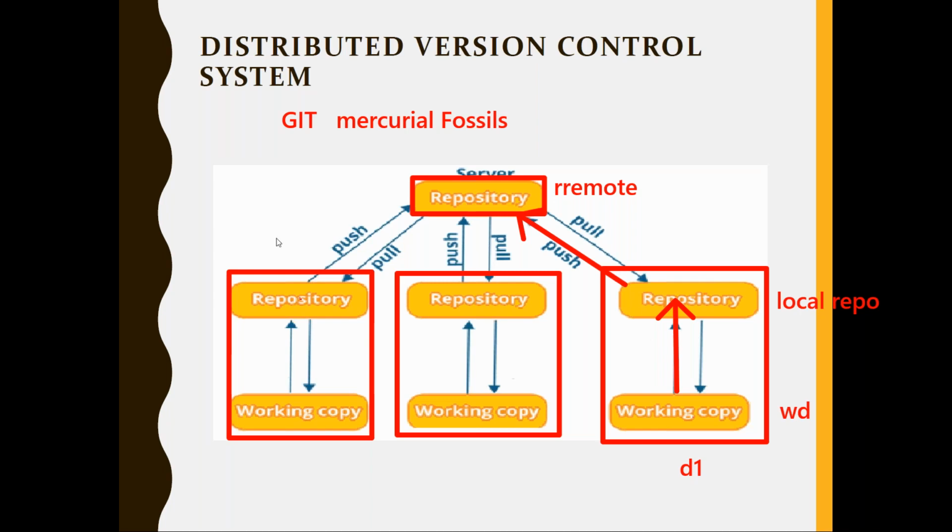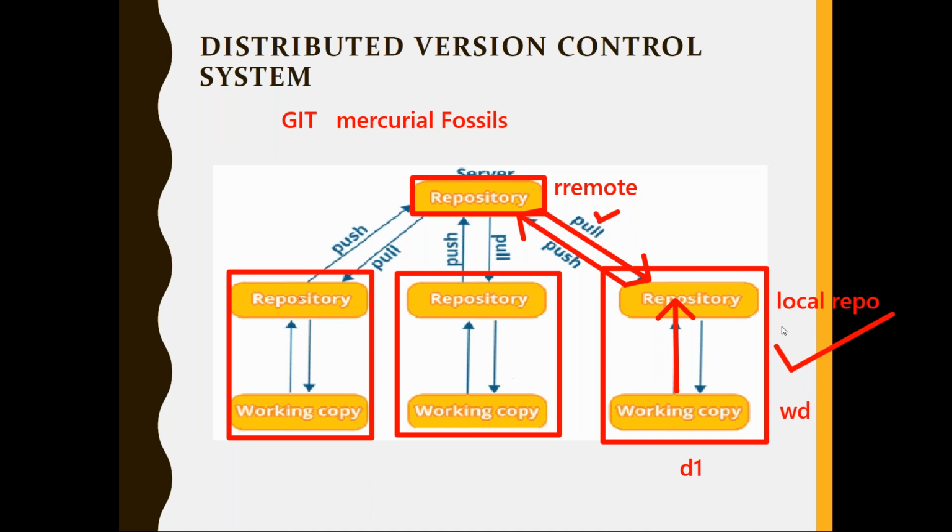See, only to push and pull you need a remote, you need a network connection, right? But the majority of the time we work on our local repository. We work here. Once the changes are fine, once we confirm, then only we push. Or else when there are some new updates on remote, we pull and get the new code, right? These are less frequent commands.